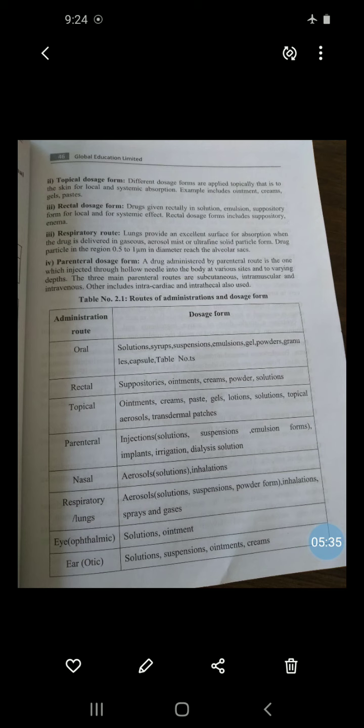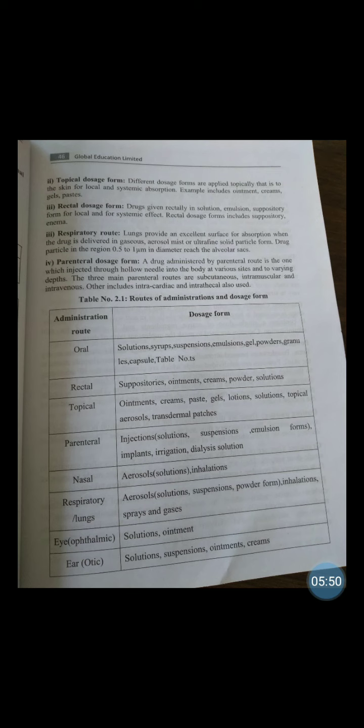Topical route: ointment, cream, paste, gels, lotion, solutions, topical aerosols, and transdermal patches. Parenteral route: injections, solution, suspension, emulsion form, then implants.